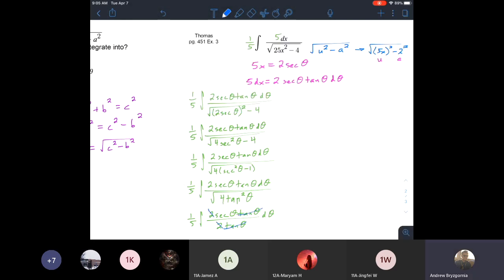Okay, so down at the bottom there, you see that I have been able to simplify that, and now the inside is only secant theta. So again, this will be just like our last example, where we're just integrating secant.